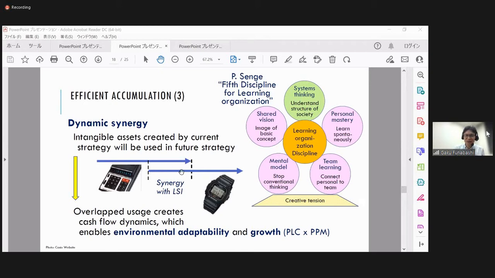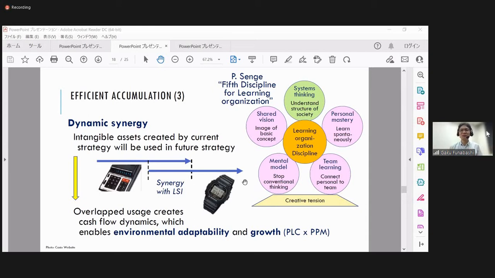This kind of overlapping is necessary not to start from here, no, to prepare for the future. So this kind of having the overlapping, we call it dynamic synergy. Here, this overlapping period, there is a synergy using some technologies and cash in the new product. And that is dynamic synergy.